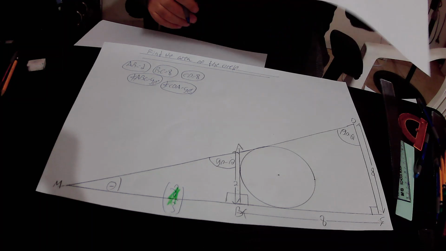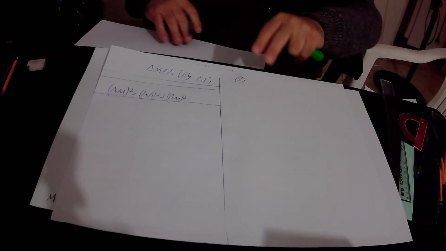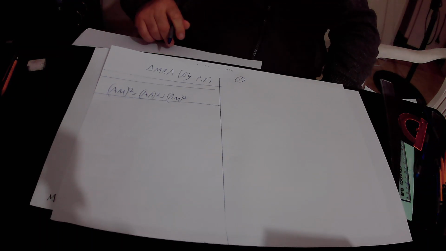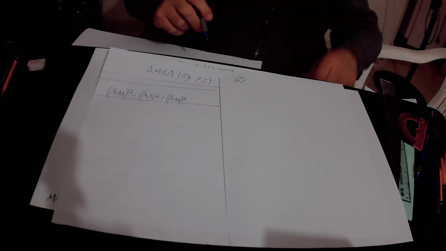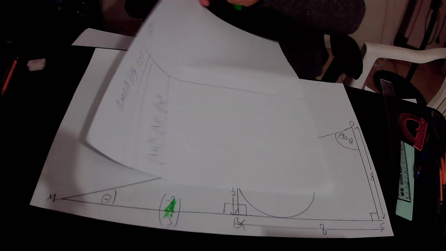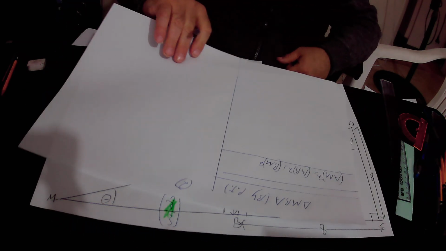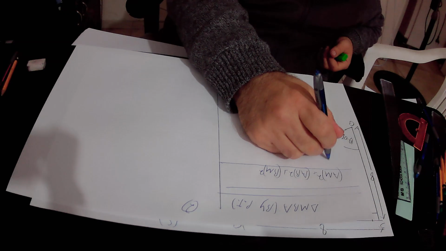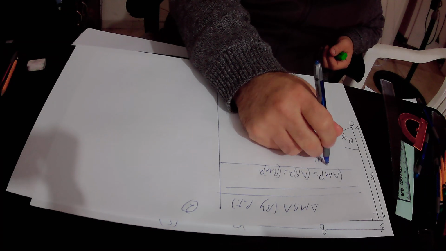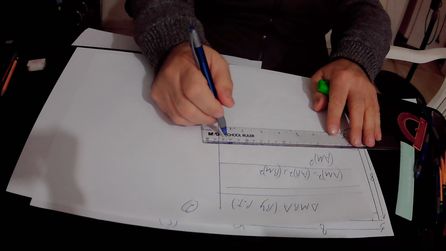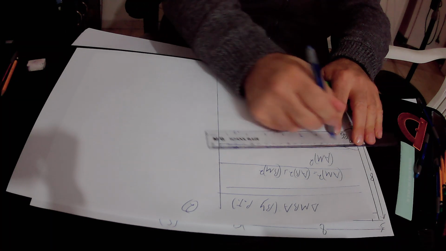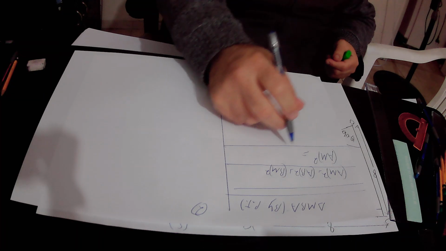According to the Pythagoras theorem, in the right triangle MBA, AM squared equals AB squared plus BM squared. So AM squared, the square of the hypotenuse, equals AB squared.